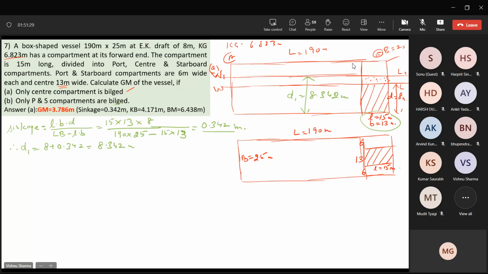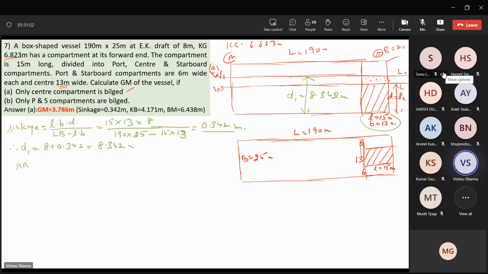Okay. Now, look at the upper diagram and tell me whether KB will be D1 by 2, yes or no? Anybody in the class, yes or no? Others? Yes, sir. Very good.